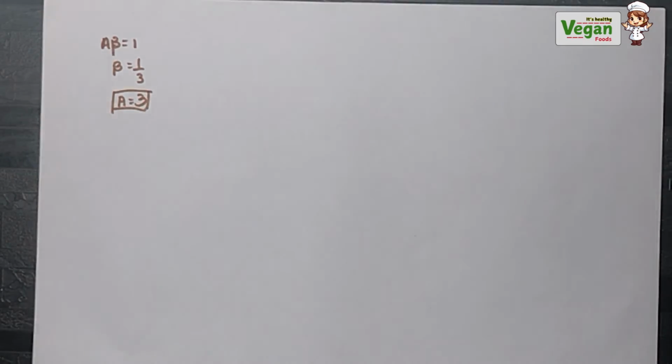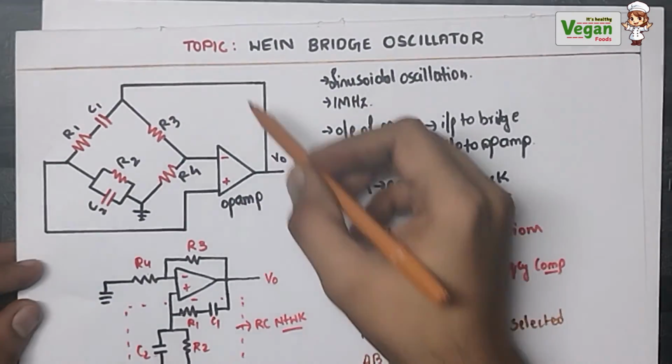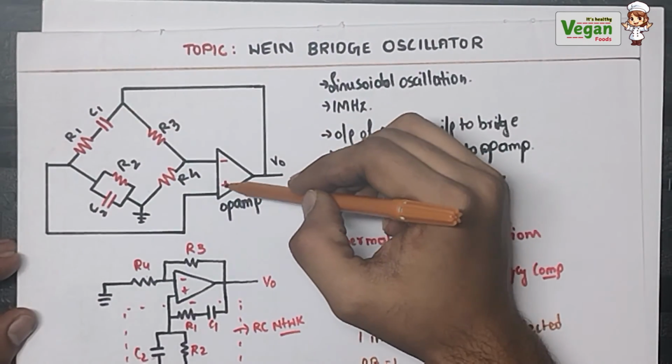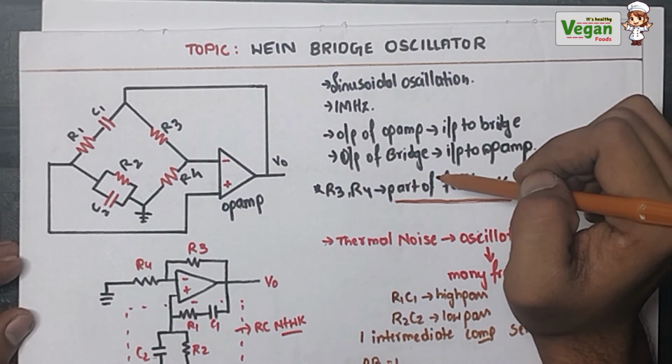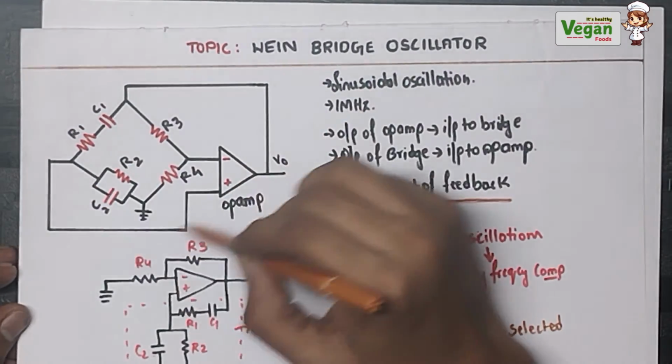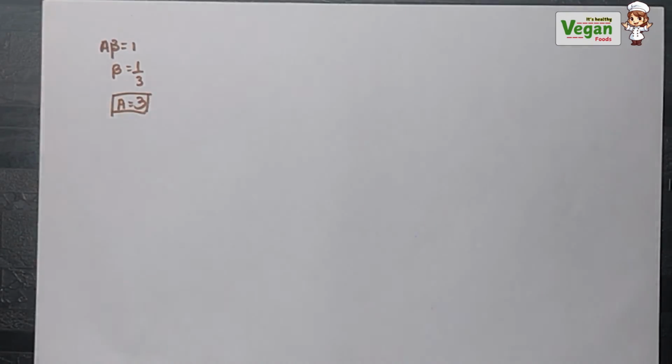Now when we consider this network, we can see that the input is given to the positive terminal of the operational amplifier. Therefore, this circuit is similar to a non-inverting amplifier, where we give the input to the positive terminal of the operational amplifier.